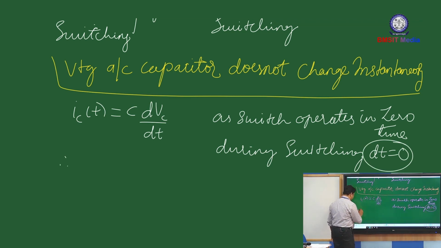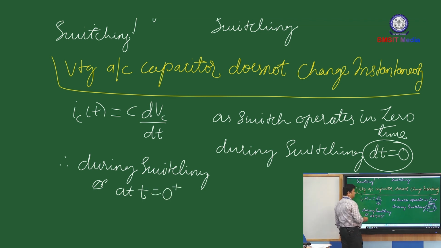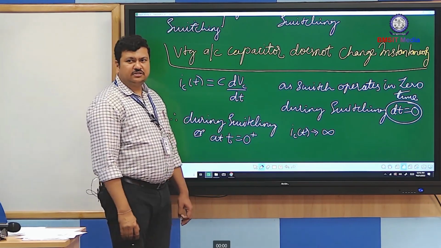Therefore, during switching, or at t equals 0 plus, my IC of t is tending to infinity.